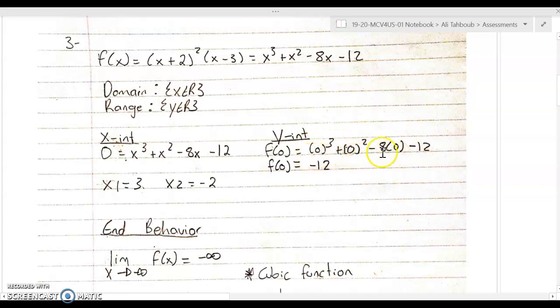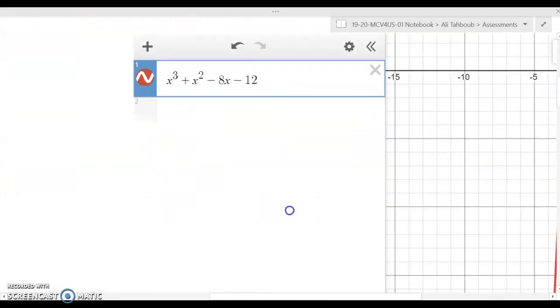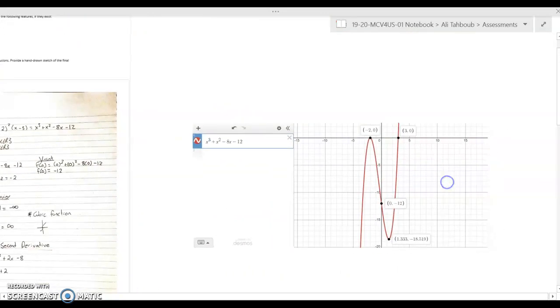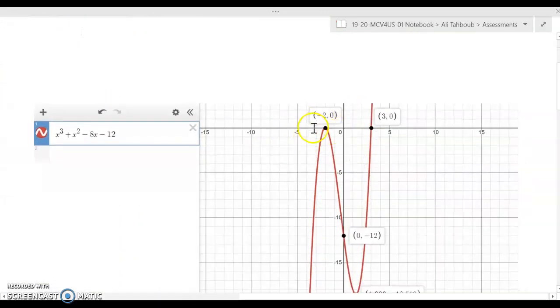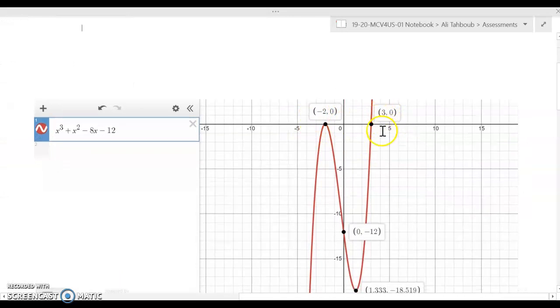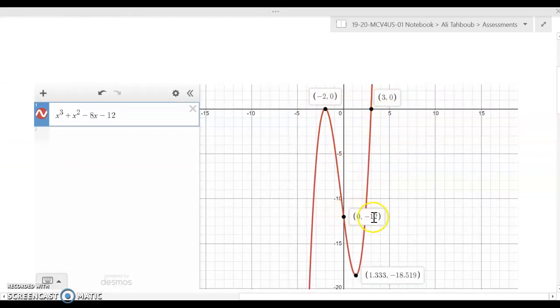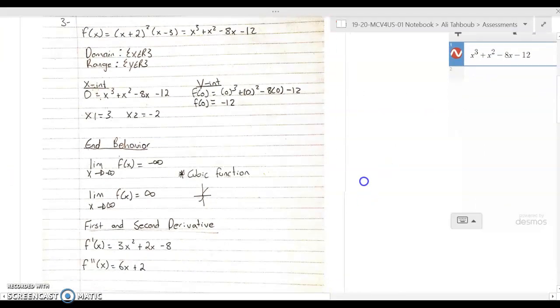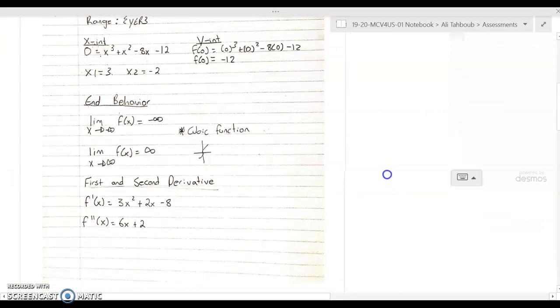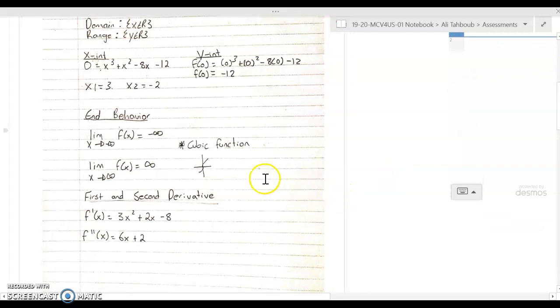It all goes to 0, and then you're just left with -12. We can prove this on Desmos just by looking at the graph. The x-intercepts are at -2 and 3, and the y-intercept is at (0, -12).